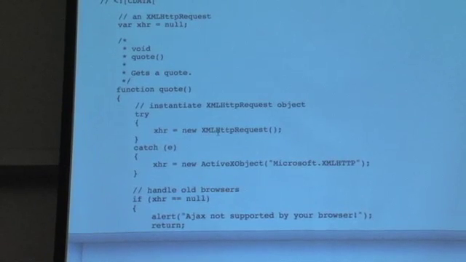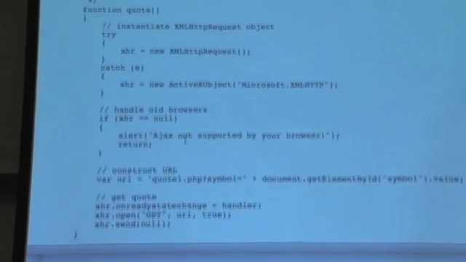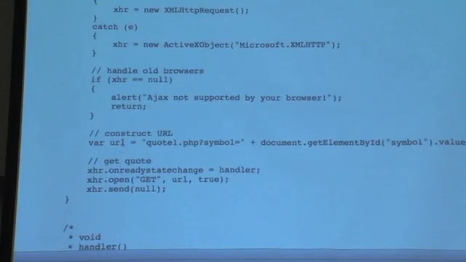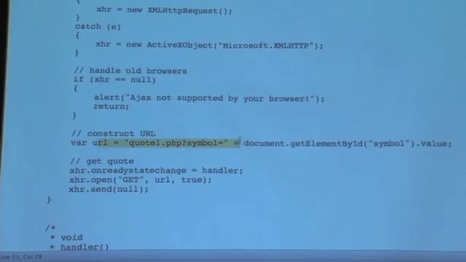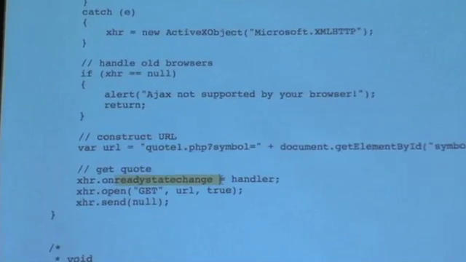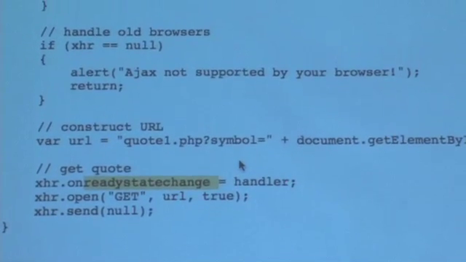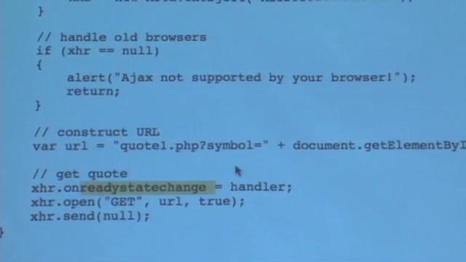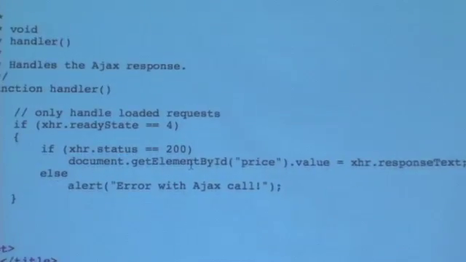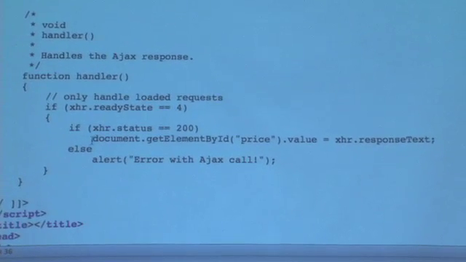We see that we have the quote function, and it's pretty much exactly the same as we saw before. We create the URL to quote 1. We make sure that we set the callback function to handler. We open the connection to this URL and we send the data. Then in the handler, this is where we do something a little bit different.